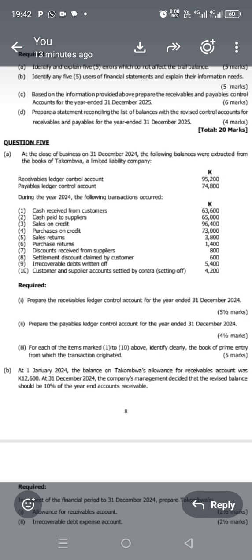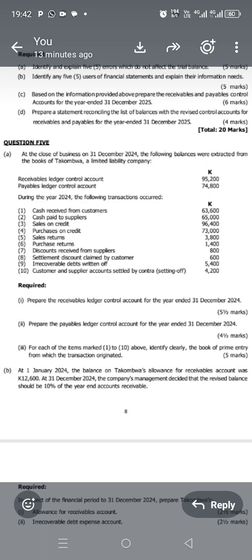So we go to transaction number 8. We are being told settlement discount claimed by customer. So when a customer claims a discount, meaning it's us who is allowing that discount to that particular customer. So when we allow a discount, meaning we are losing out. Let's assume it's a product we are supposed to sell at 50 kwacha. Then someone comes and buys goods in bulk.